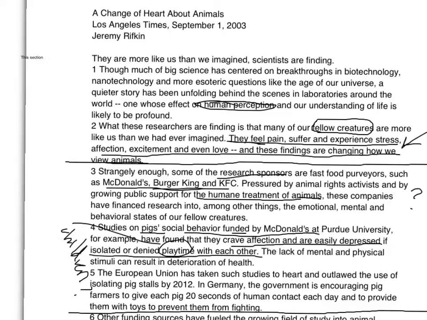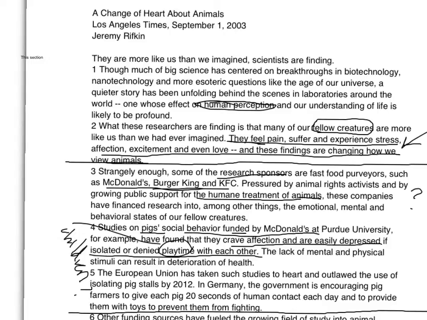So we're looking for the key ideas in these first 2 paragraphs that are going to help us know where the author is going. We talked about that first sentence as almost sounding like a subtitle, but because of its positioning, we know that that's not the way it is. It's just kind of an attention getter. They are more like us than we imagine, scientists are finding.